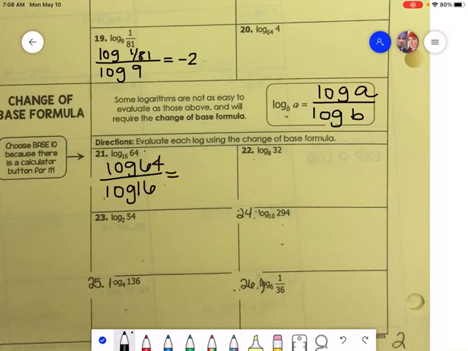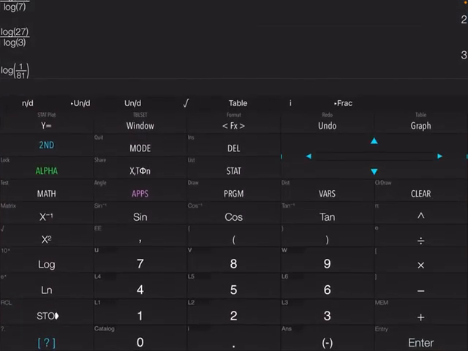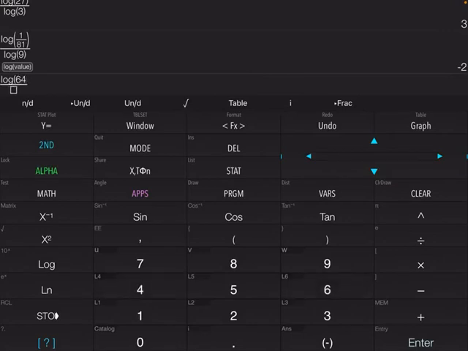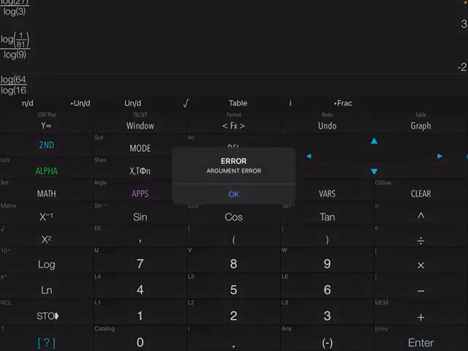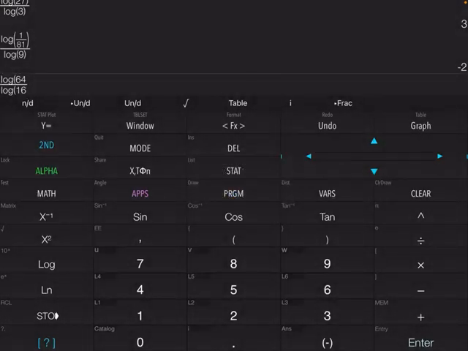Cool. Let's throw it on our calculator and see what we get. So we're going to give ourselves a fraction: log of 64 on top over log of 16 on bottom. I forgot to finish my parentheses.